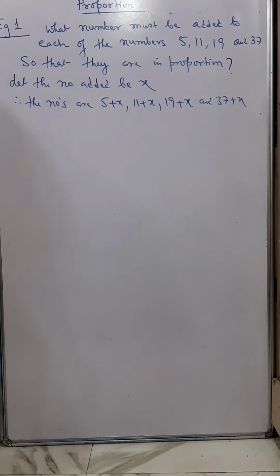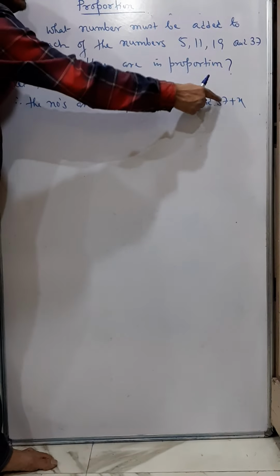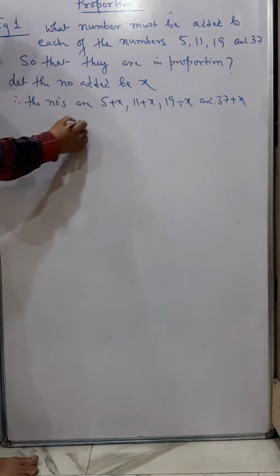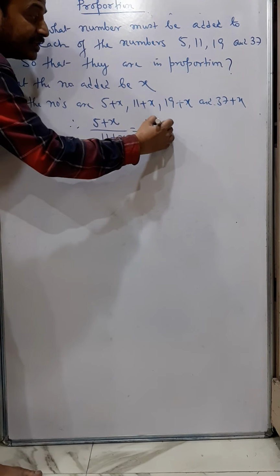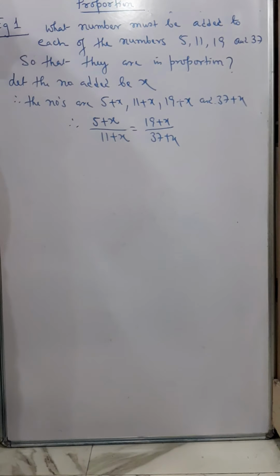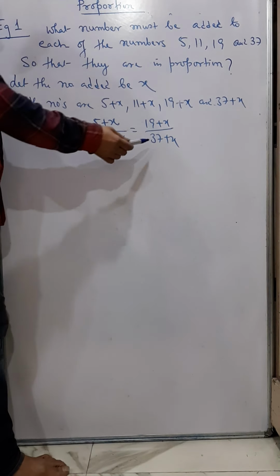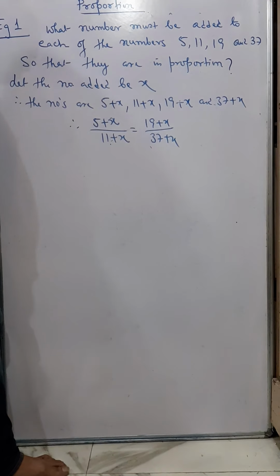Okay, after that you know that a, b, c, d are said to be in proportion if a by b equals c by d, and therefore we can say that 5 plus x by 11 plus x is equal to 19 plus x by 37 plus x. So now after that you know how to do. We take cross multiply and then we can get the value of x.